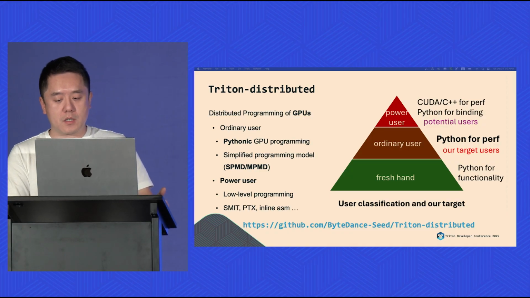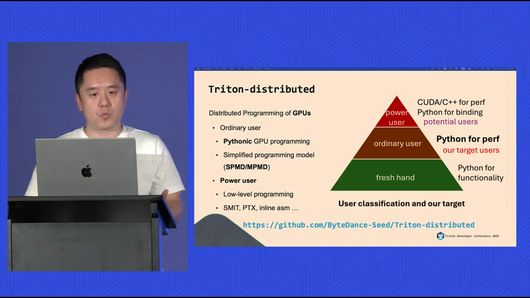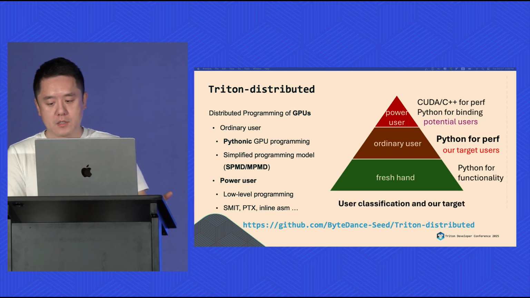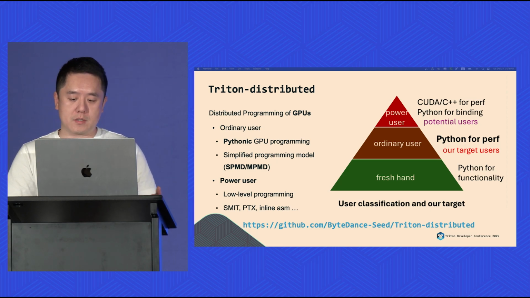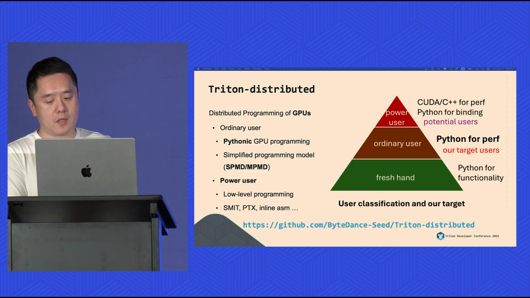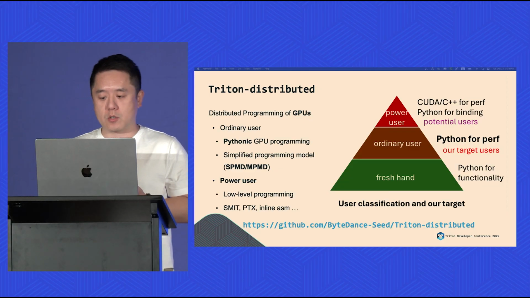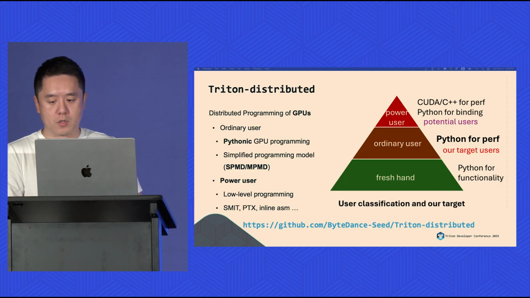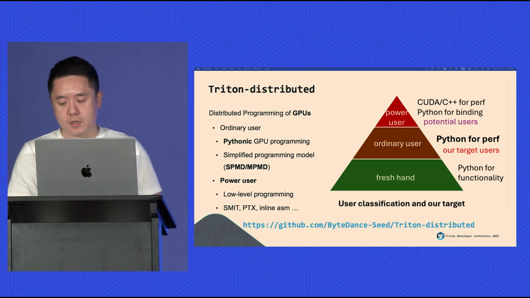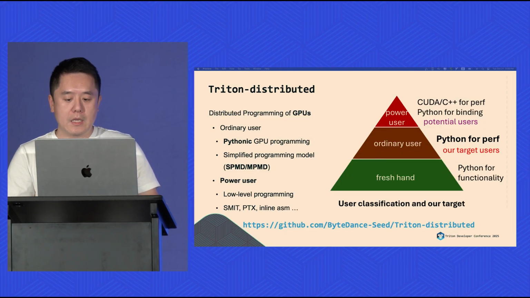Nowadays, for the current GPU programming status on a single device, we have CUDA and CUTLASS, the SIMT programming model, and some template-based programming patterns, which target professional GPU programmers. However, Triton did a great job of simplifying the programming model into a SIMT mode and also making it Pythonic.